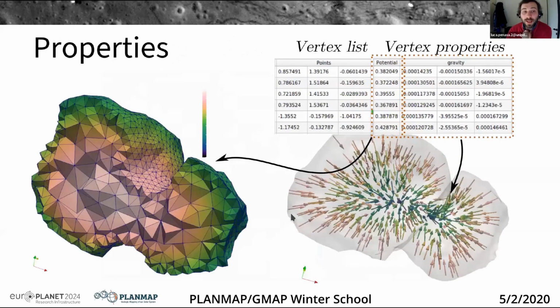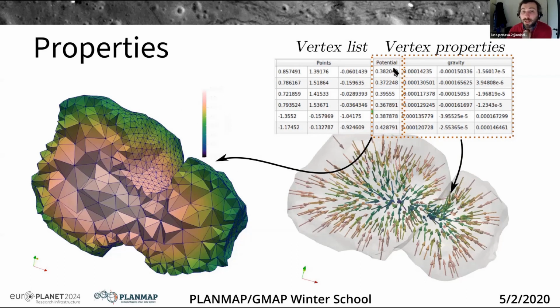Okay, so this is an example of properties connected to a 3D model. We have this little model of Comet 67P, where I've been computing gravitational potential and the gravity acceleration. So gravity, you know, is a vector. And for each point of the 3D model, we associated the connected vector of the gravity in that location.